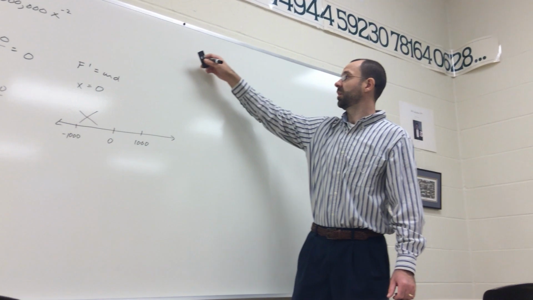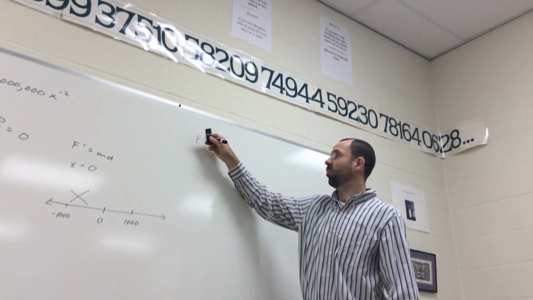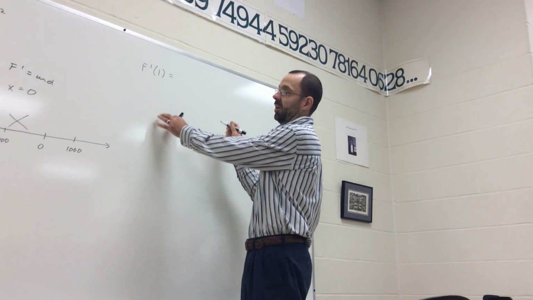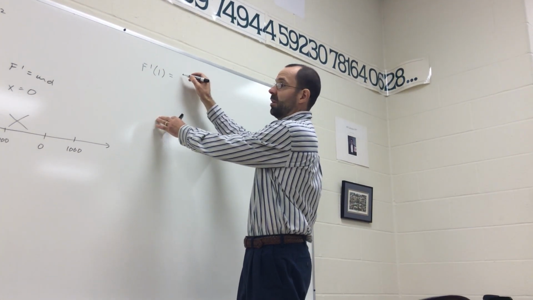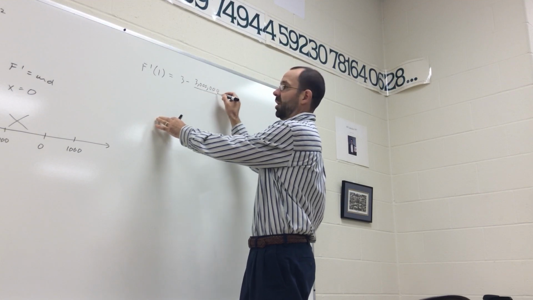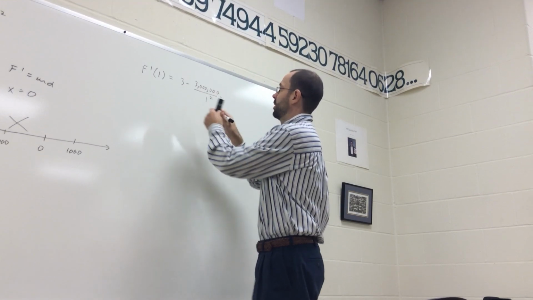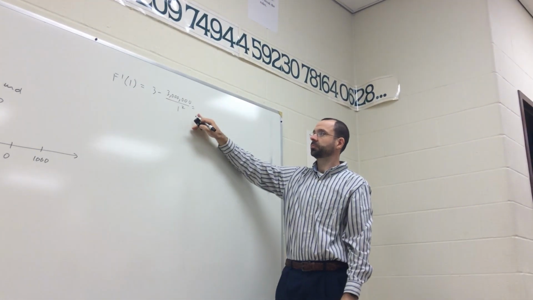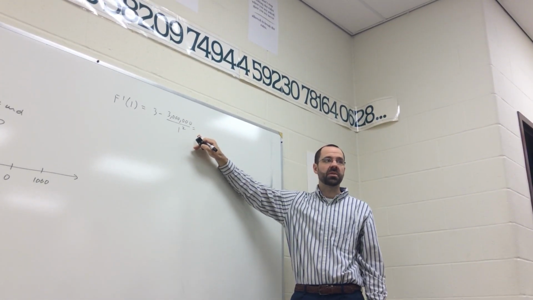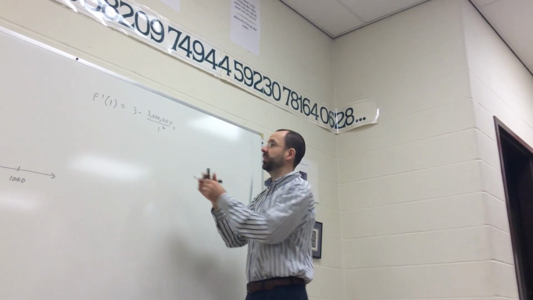So I'm going to plug 1 into f prime, and that'll come out to 3 minus 3 million divided by 1 squared. So that's 3 minus 3 million, which is clearly negative, right?